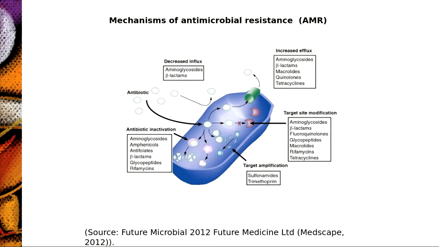So penicillin will not work on Staphylococcus aureus anymore. That's why we need to add clavulanic acid to it if the mechanism of resistance is penicillinase. But if the resistance is by changing the target site, the protein binding site, none of the beta-lactams will work on MRSA.